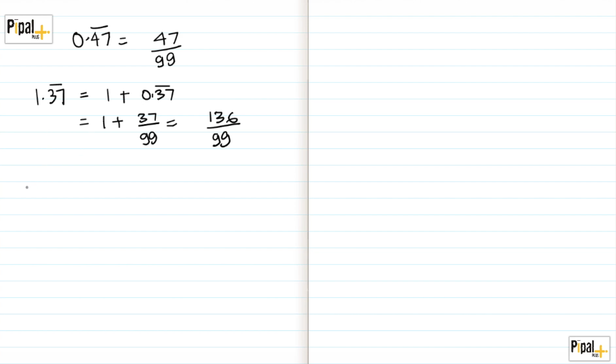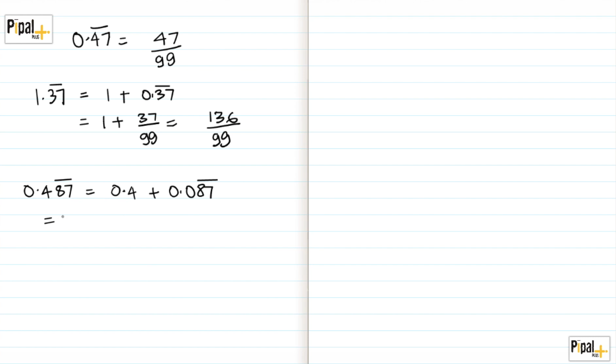Now what happens if there is a decimal like this, 0.487, and this time only 87 is getting repeated, not 4, right? So again, if we have to use the same methodology, we will separate out the 0.4 and 0.0 with 87 getting repeated.